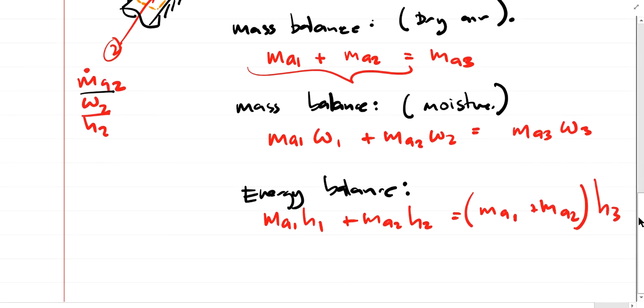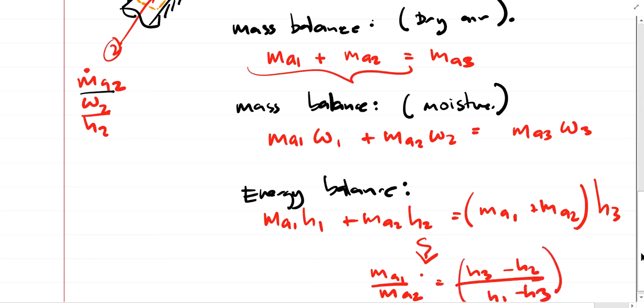If we rearrange this, we can express it as the ratio of the masses is equal to H3 minus H2 all over H1 minus H3.